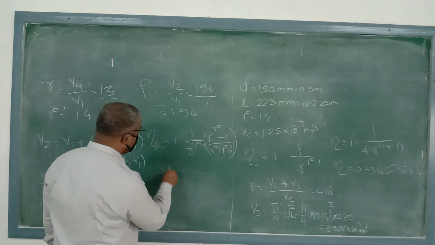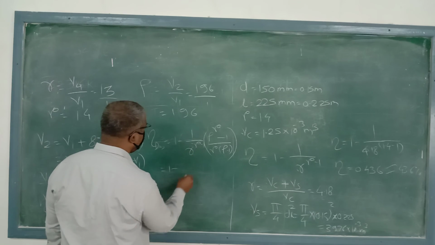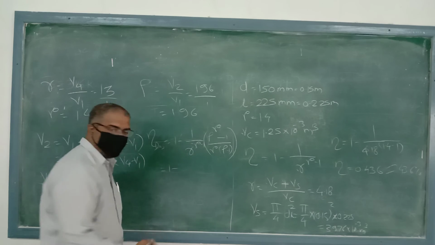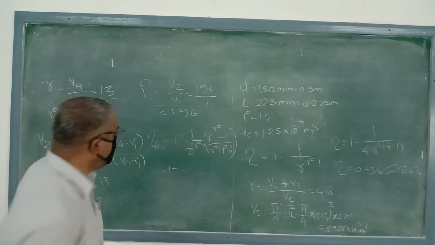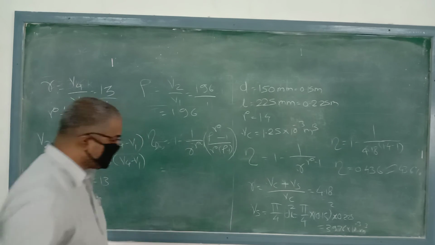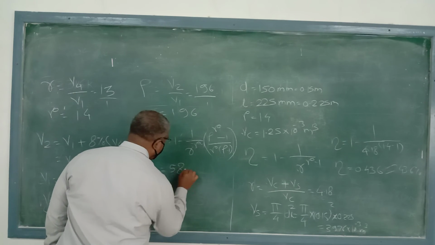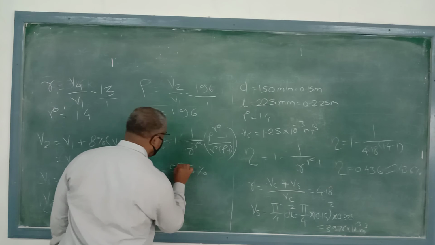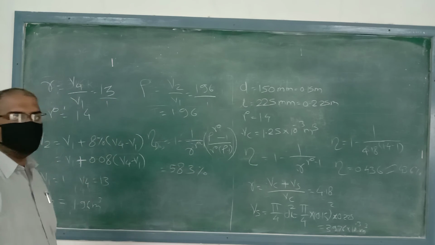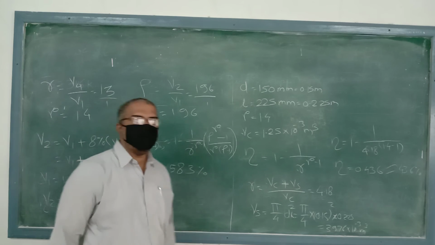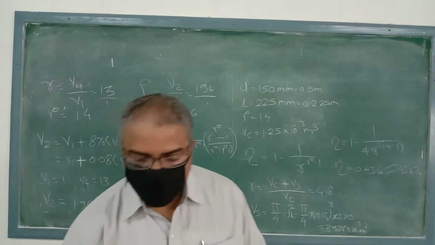So we can substitute the value of R, value of gamma and cutoff ratio, and we are finding the efficiency of the diesel cycle. So after solving we get 58.3%. Okay, so this is the problem related with the diesel cycle.